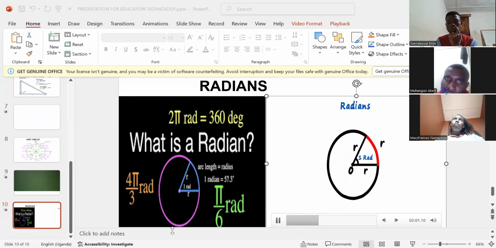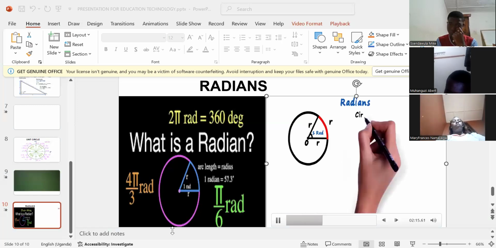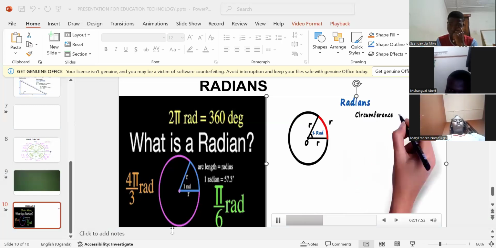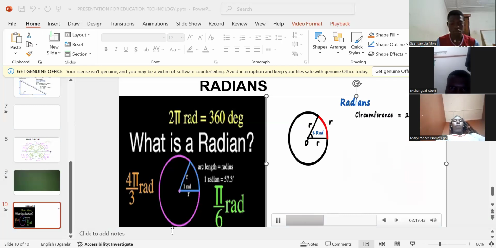But how are radians related to degrees? What would this angle be equal to in degrees? If you understood the concept of radians well, then understanding the conversion between degrees and radians would be a walk in the park. What is the circumference of a circle? It's 2 pi r, where r is the radius of the circle. We are talking about the circumference, which is the entire boundary of the circle. Now listen to the next question well.